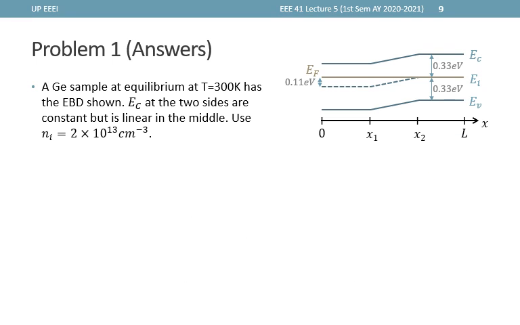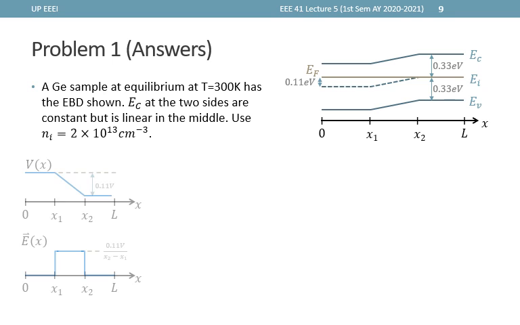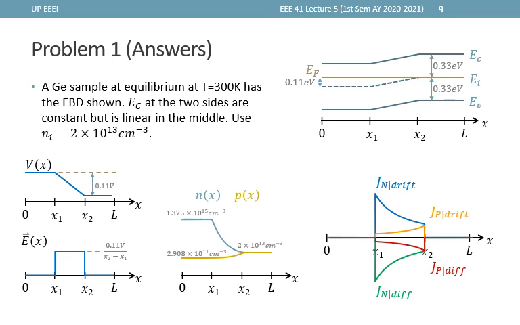Okay, so in summary, for this germanium sample at equilibrium at room temperature, with the EBD shown, we were able to determine the voltage by flipping EC or EI or EV. We can get the electric field by getting the slope of the EC or EI or EV.